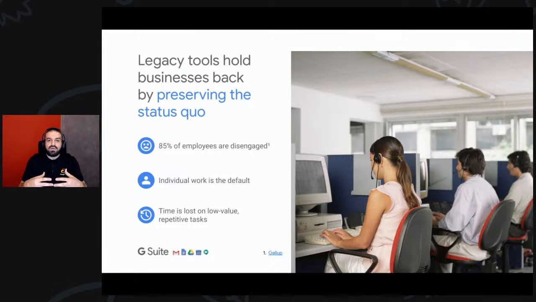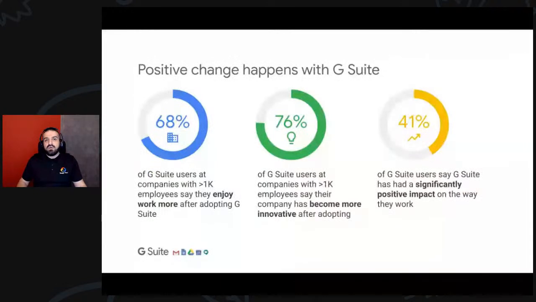So instead of doing my own work and then sharing it later on after I'm done, I can actually share the work that I'm working on in real time and collaborate with my colleagues in real time. And this is where we've seen a positive change happening with G Suite in specific.